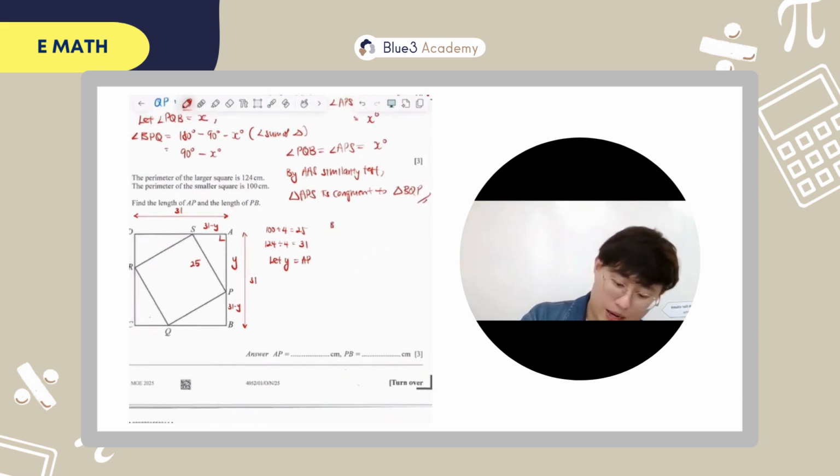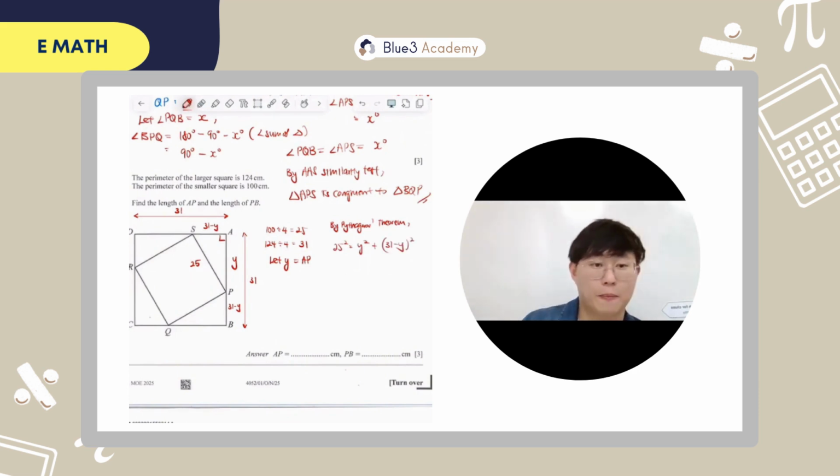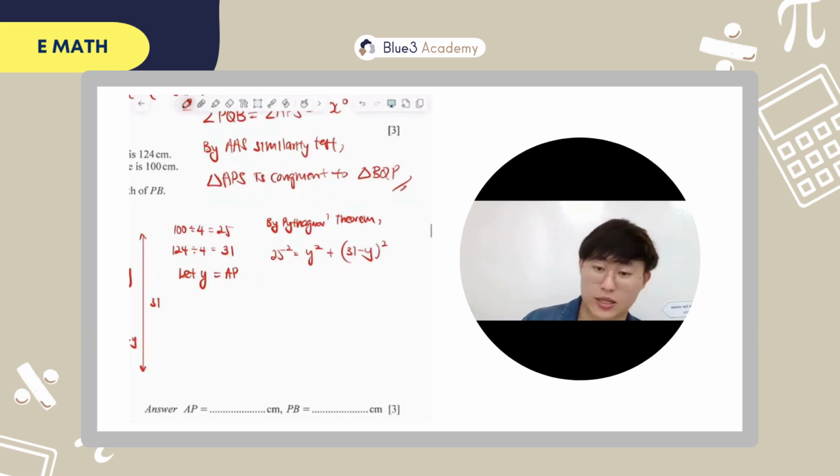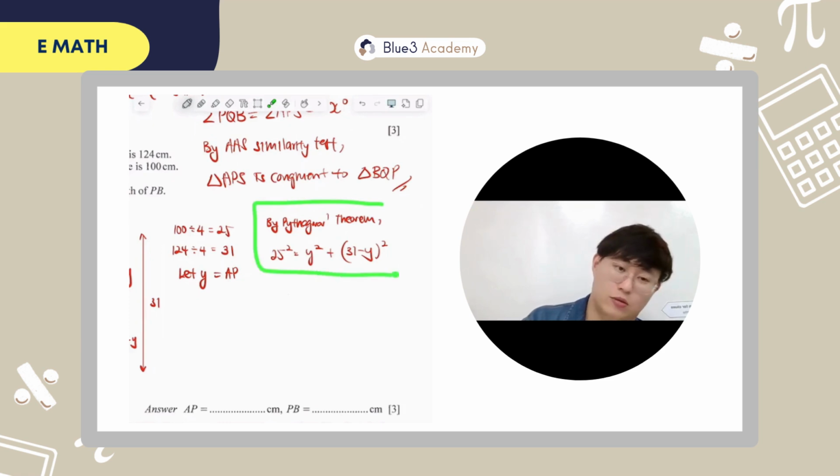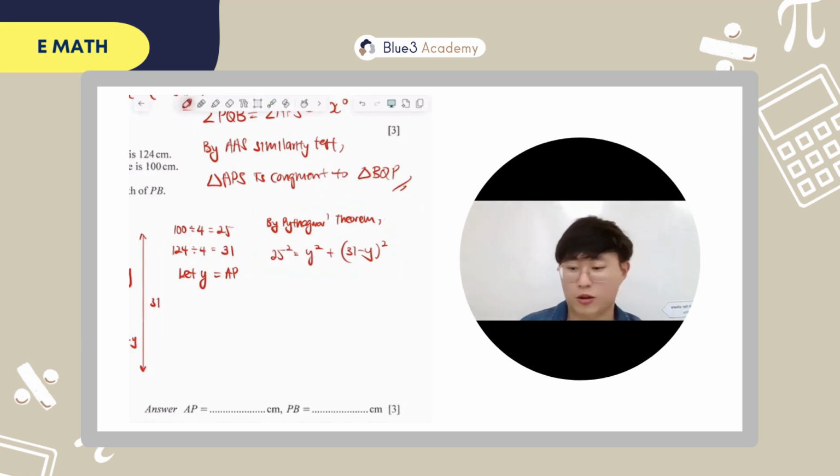By Pythagoras' theorem, my 25 squared is equal to y squared plus (31 minus y) squared. Then from there I'm just going to essentially start solving the question. I think the hardest part was to get to this step over here. If you couldn't get to this step, you definitely couldn't have solved anything. So from here on out, I'm just going to solve the question.